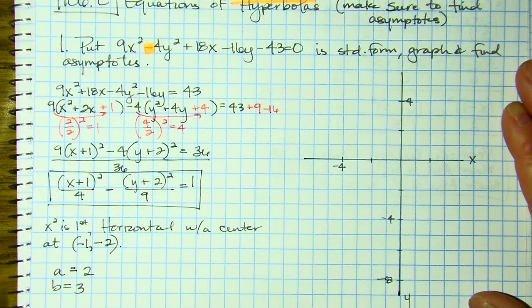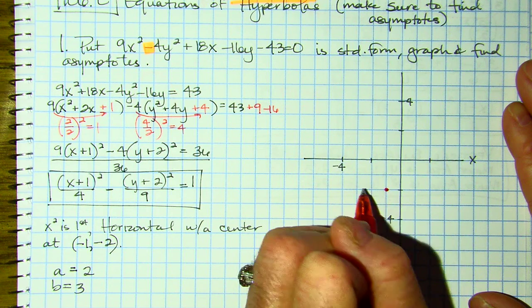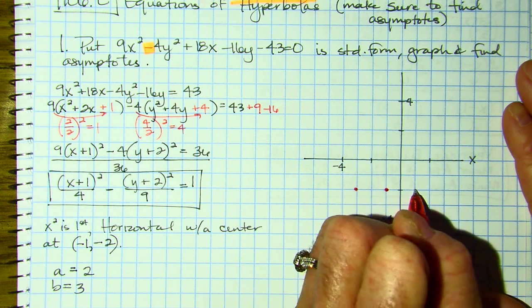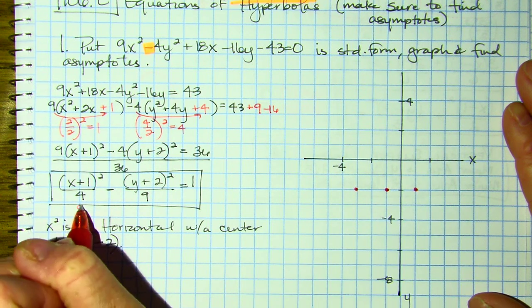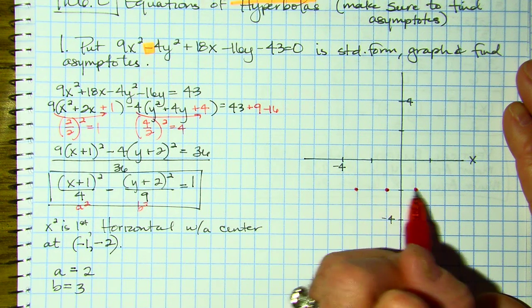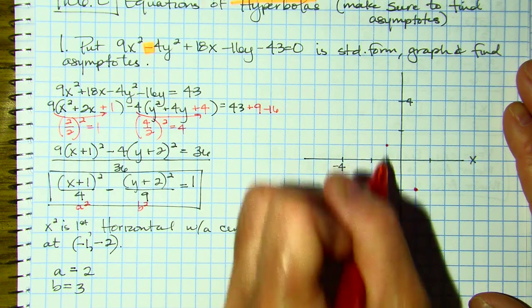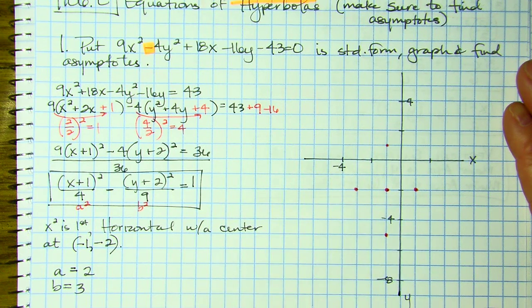All right, so my center is at -1, -2. A is 2, so to the left 2, to the right 2. And A is underneath, so this is A squared, this is B squared. A is underneath x, that's why I went along the x, like x goes left to right. B is 3.